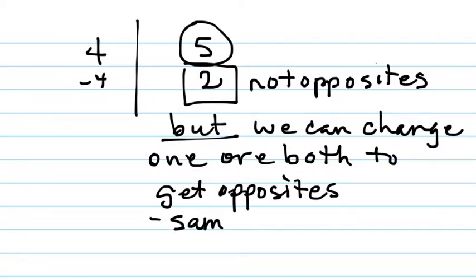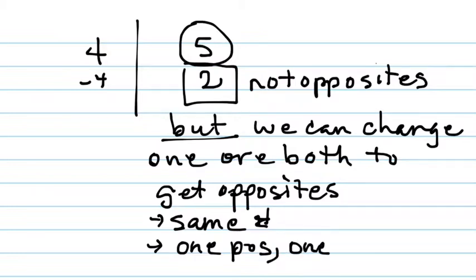So we need to turn them into the same number, and we have to have one positive, one negative. It makes no difference which one's which. Just make sure that you get one positive and one negative.